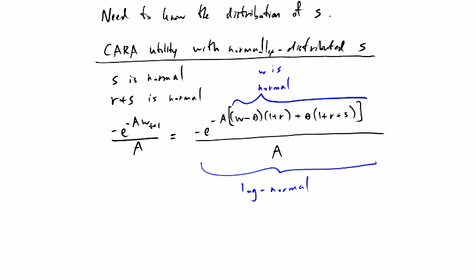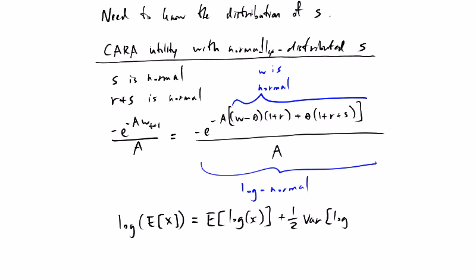And here is a probability theory rule. This is just something you have to remember, since we're not going to show why it's true here. The log of the expectation of x equals the expectation of log of x plus half the variance of the log of x.